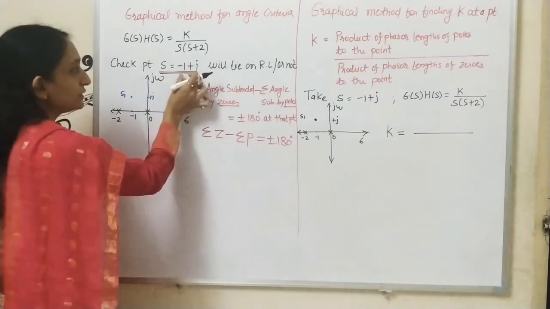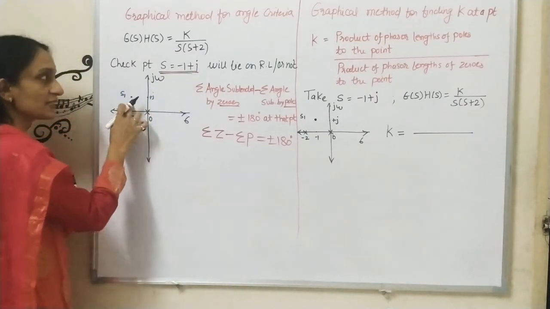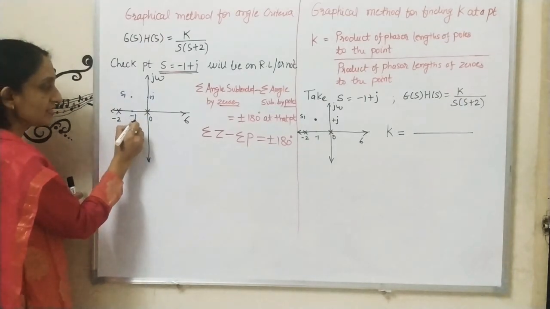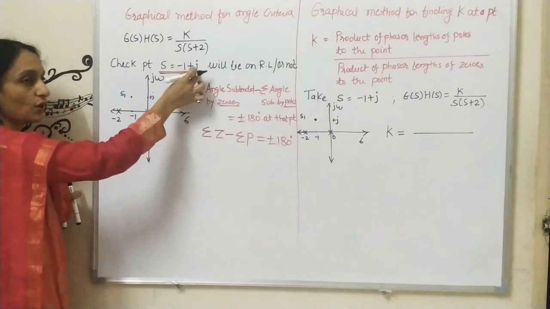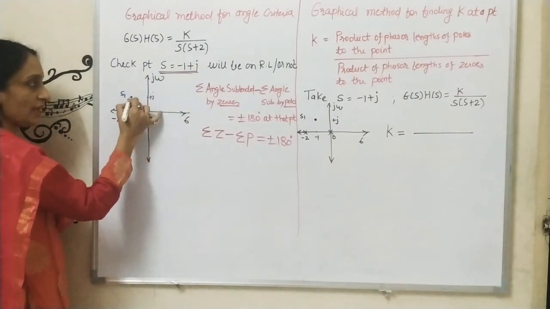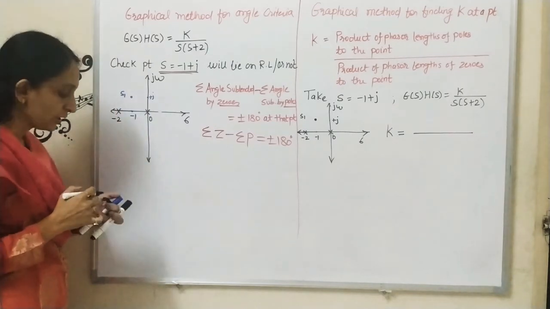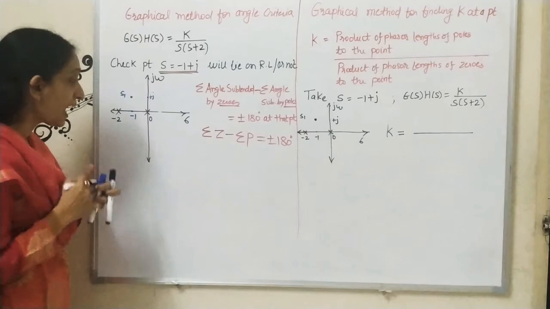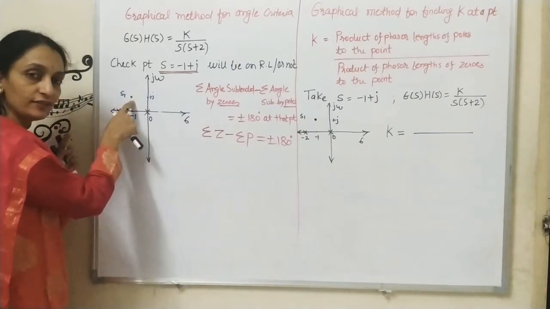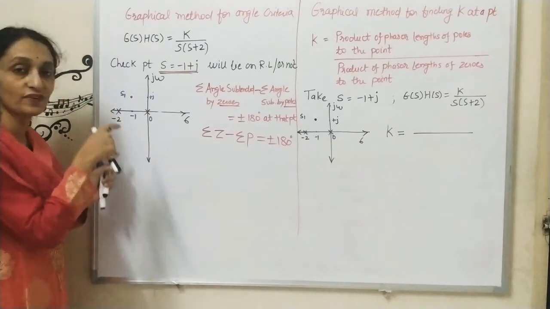I will show the point s is equal to minus 1 plus j in the s domain. Here, this is minus 1 plus j, which is the complex root. I have shown here s1 is equal to minus 1 plus j. Now I will join all the poles with this point, and if zeros are present, I will join all the zeros with this point.